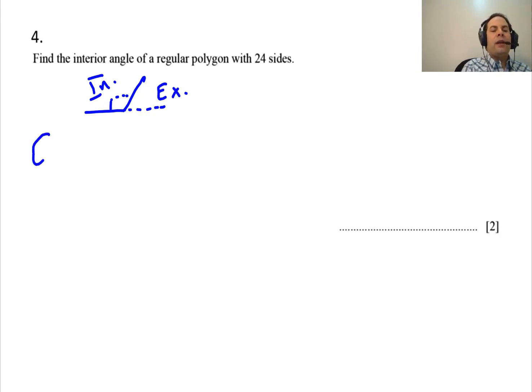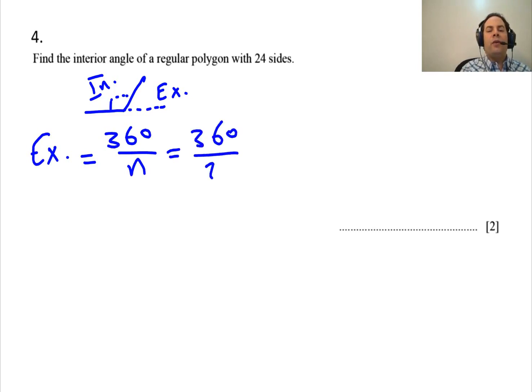If I start by getting the exterior angle first, the exterior angle is 360 divided by n, where n represents the number of sides or number of angles. So 360 degrees divided by 24, the answer is 15 degrees. This is the measure of the exterior angle, but it asked to get the interior angle.